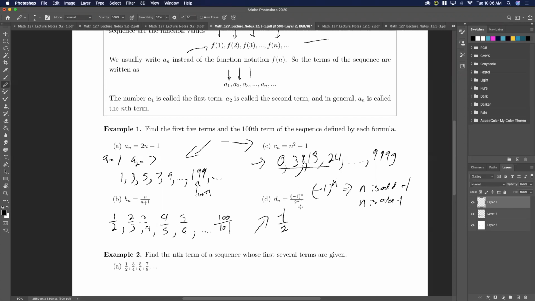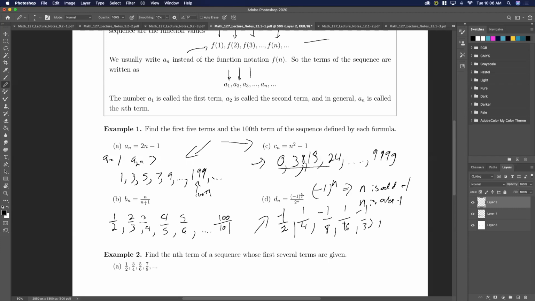So here it's just going to be 1 over 2 to the n, so this will be a fourth, and then you're just going to constantly flip signs. Then 1 over an eighth, and that'll be negative. The next one will be positive, 1 over 16, and then 1 over 32, and that would be negative.